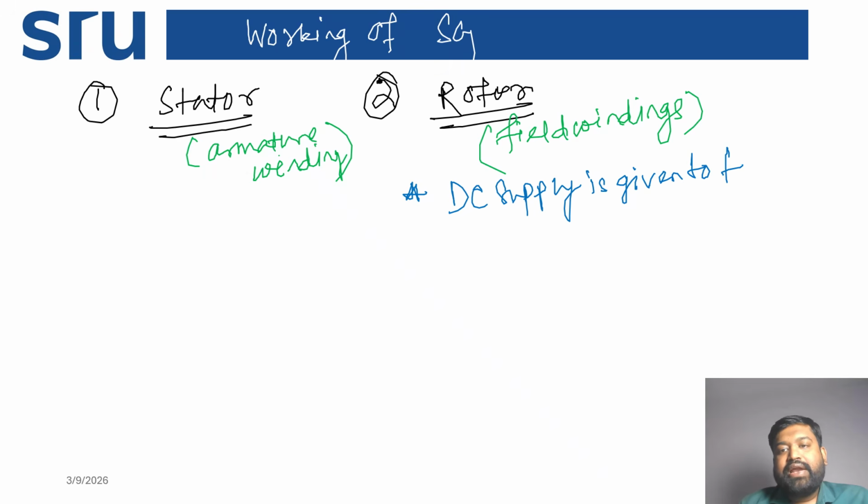DC supply is given to the field winding. We know that DC will produce a constant voltage, constant plus or minus.